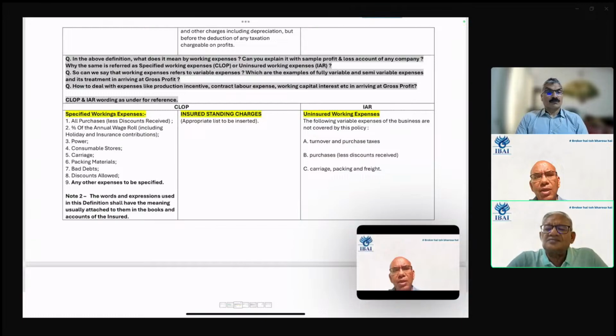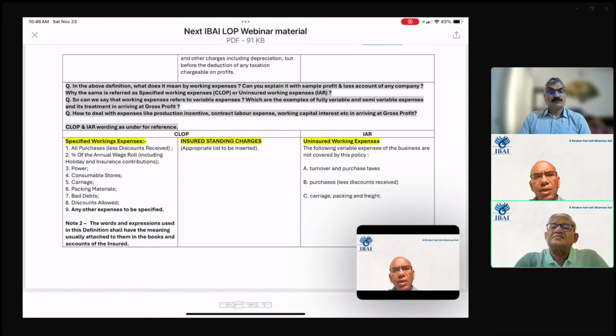So what does it mean, uninsured working expenses? What do you mean by that in the IR policy? The following variable expenses of the business are not covered by the policy. So though they are working expenditure, meaning variable expenditure, the way they are trying to define it is to come to gross profit by reducing variable cost from sales.